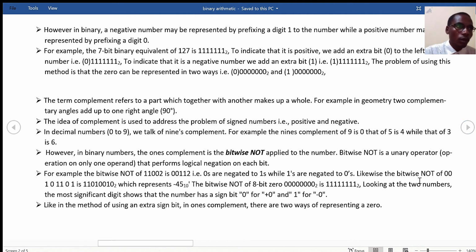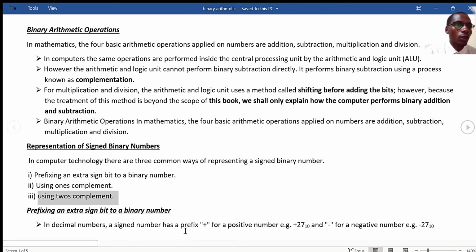You represented numbers back in lower classes, and you said the number can be positive or negative. How do you indicate that a number is positive or negative?